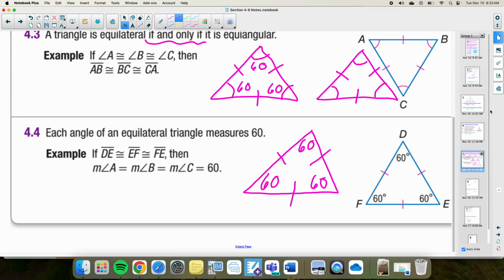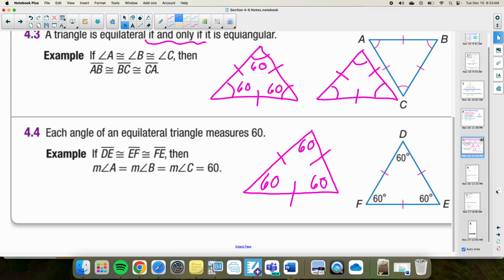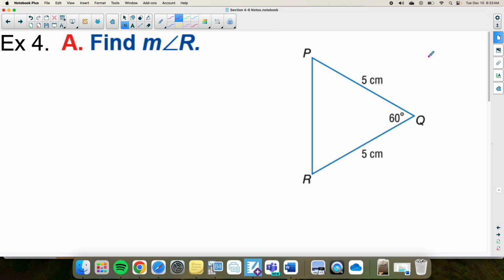All right, so now let's go here. So this says find the measure of angle R. That's this angle right here, okay? In this drawing, I want you to notice these two are equal. If those two are equal, what else does that tell us?